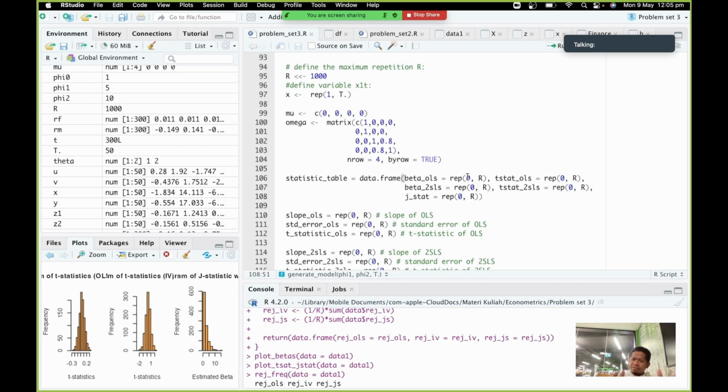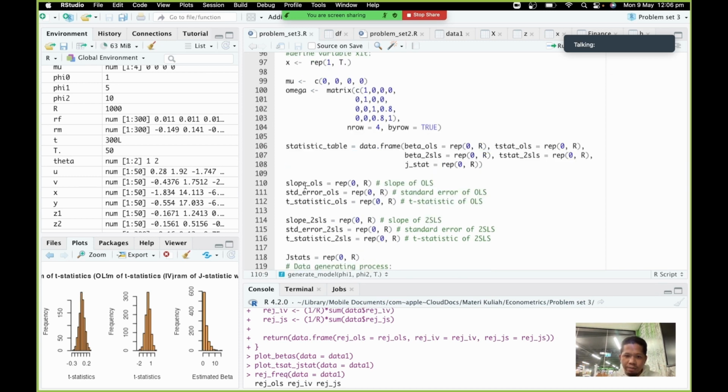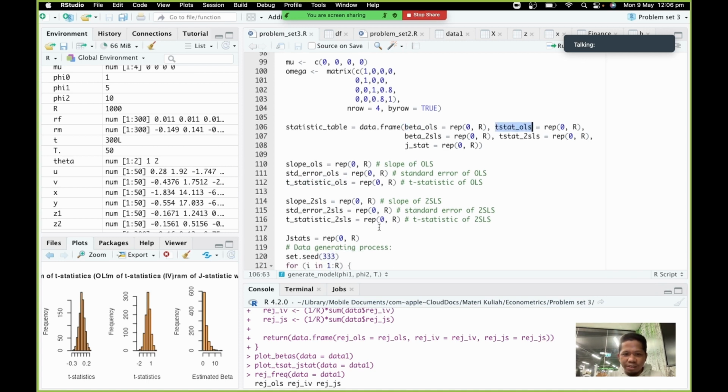So we have to define the vector first, with the number of rows equal to how many numbers we have to put in here. That is why R here. And then at the end of the day, this will replace the value of this, right? And this statistic here will also replace here, and the same with 2SLS.